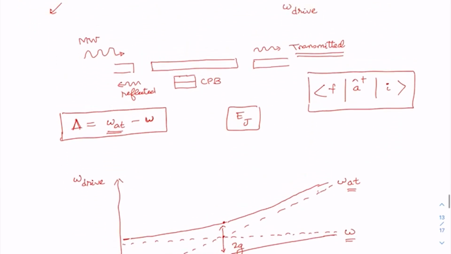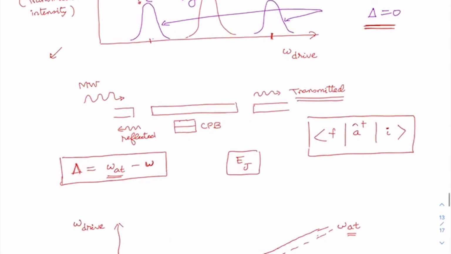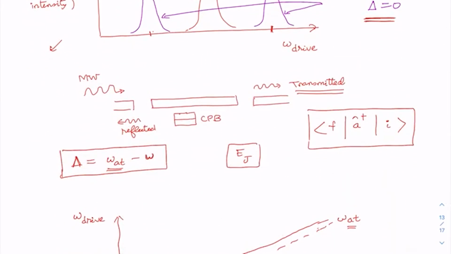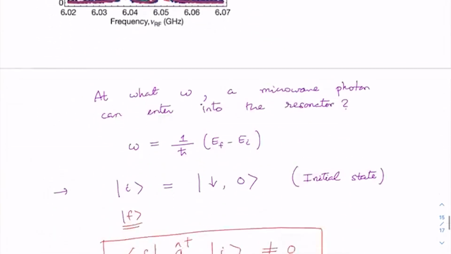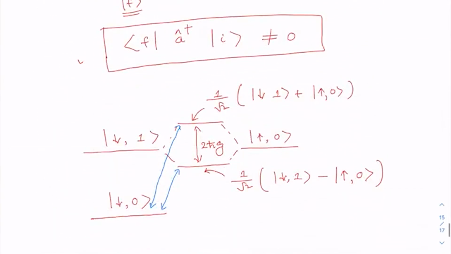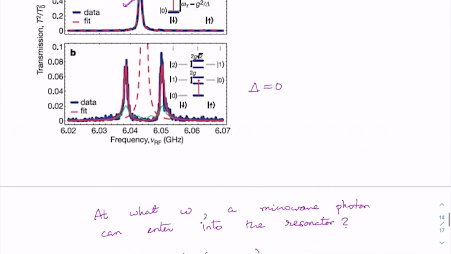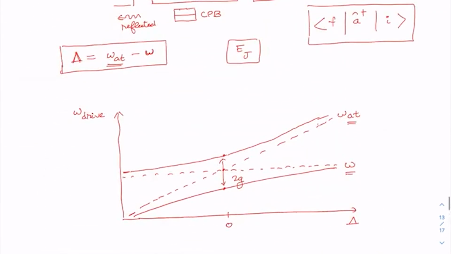We started with no photon in the field mode, and now a photon is created inside it. The contribution is because of this term as well as this term, and both these terms have equal weightage, 1 by root 2. So when delta is equal to 0, the intensity would be the same here, and both peaks would have the same intensity.